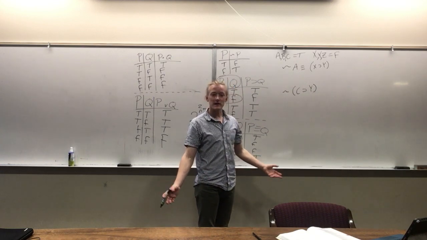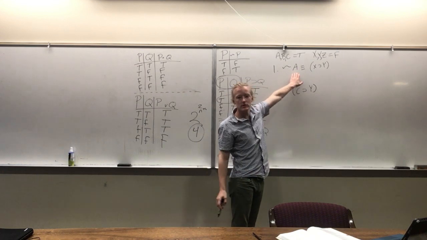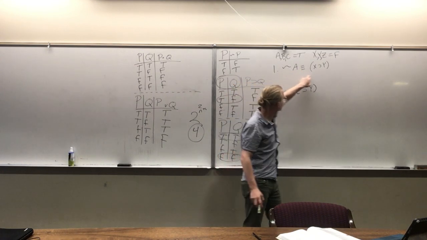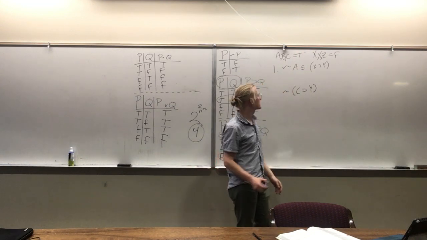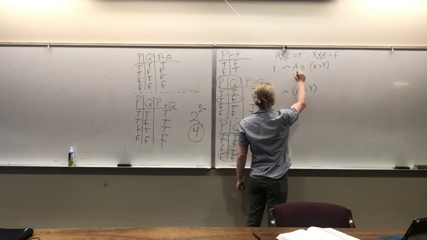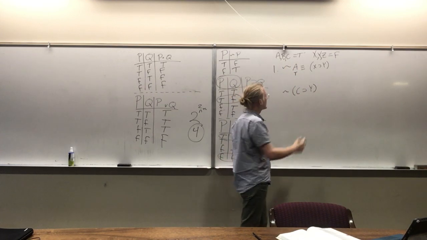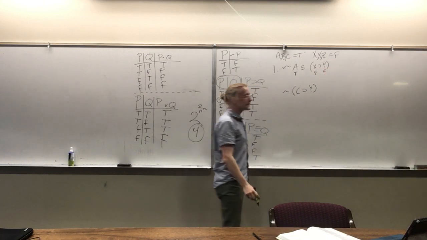And so immediately we're given problem 1. Determine the truth value of this whole statement given these initial conditions, A, B, and C are true, and X, Y, and Z are false. Immediately I can say, well, A is true, so I write a little T under it, and X and Y are both false, and that's my first line.